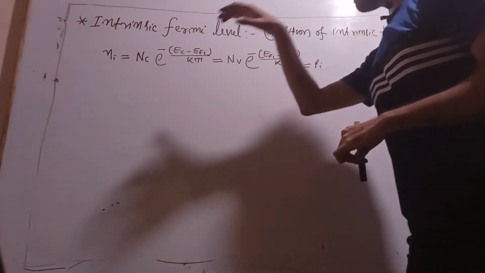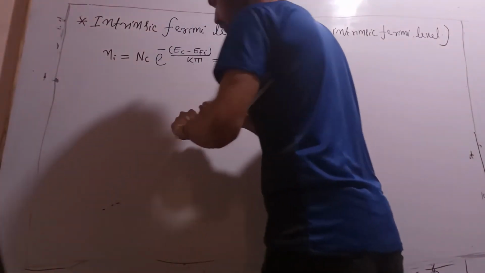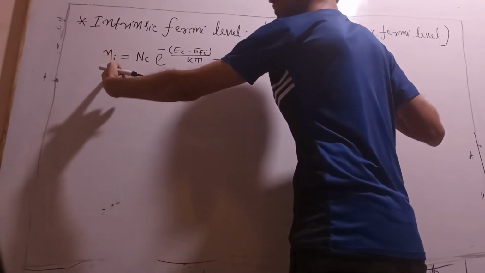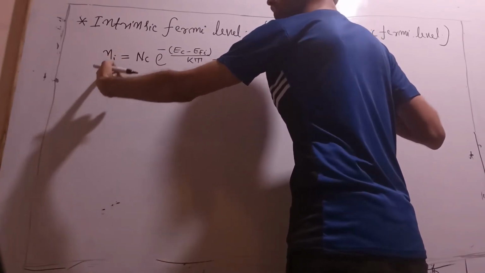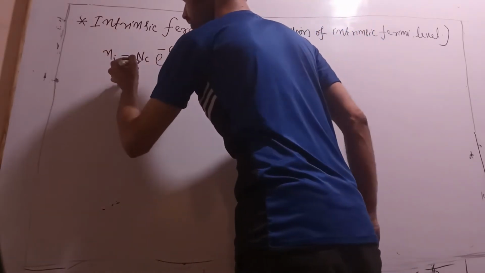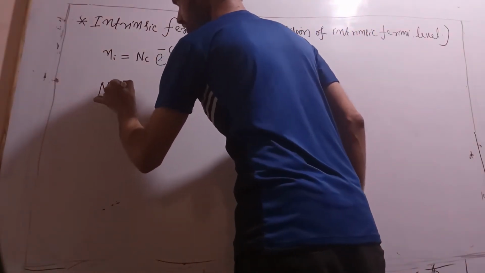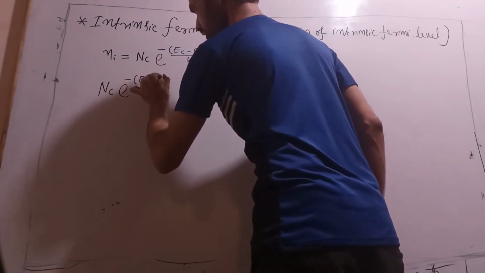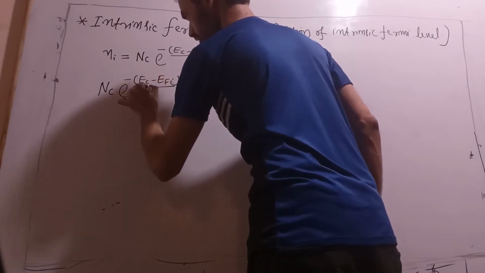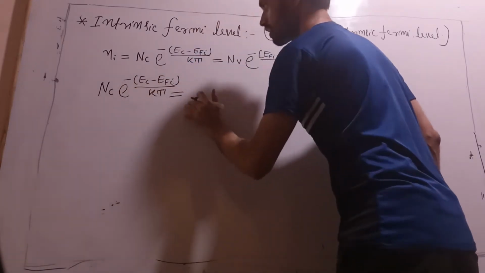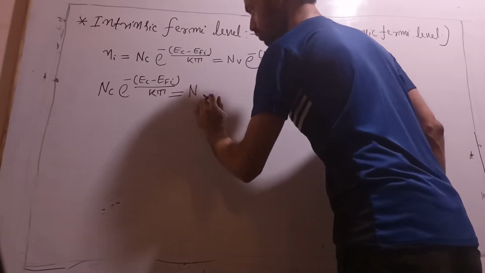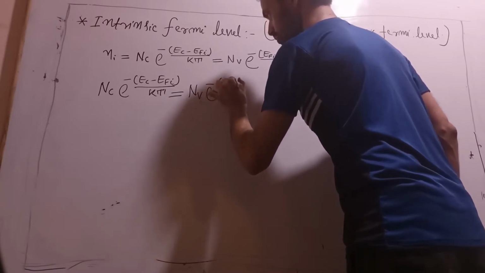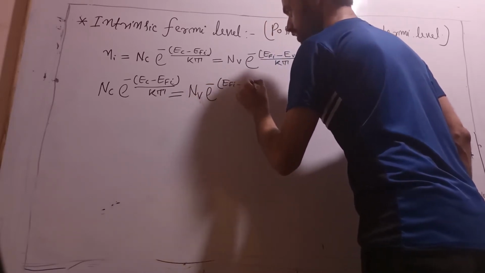Now we are equating both these equations. This is the intrinsic carrier concentration that we have seen in the last case. Let us compare both sides. Nc e to the power minus (Ec minus EFI) by kT is equal to Nv e to the power minus (EFI minus Ev) by kT.